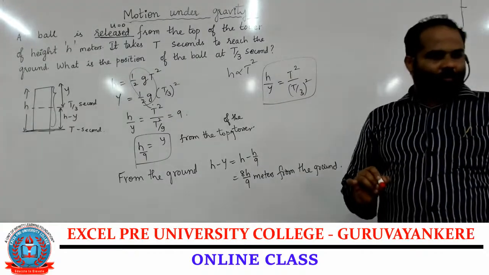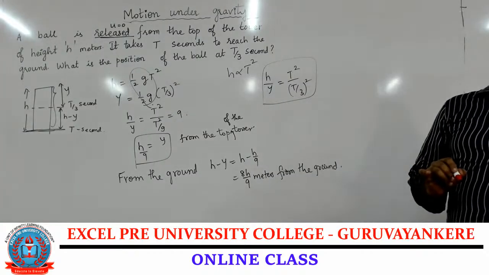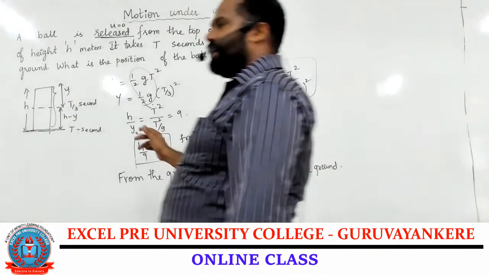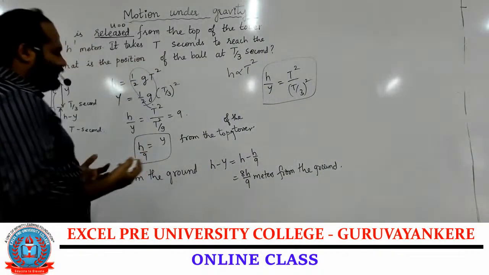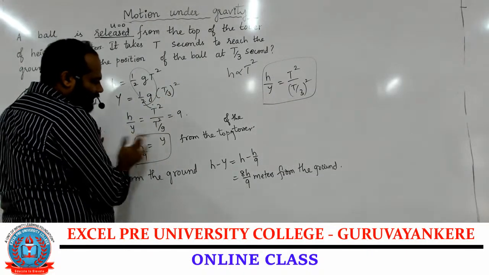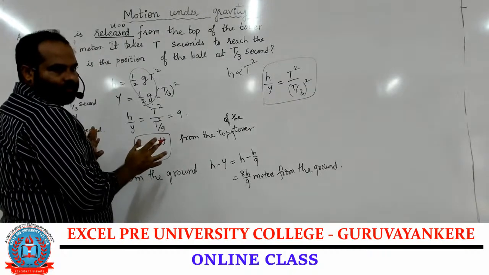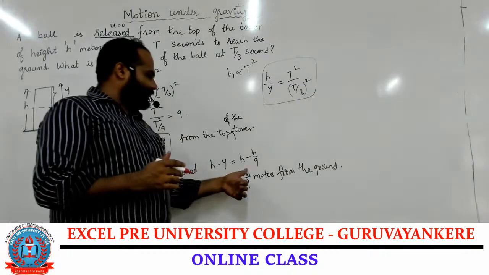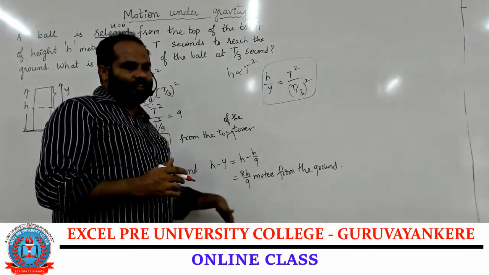How h by y came, I have to do it. There is no other go. I have to take the ratio somehow to find the answer. Options would be given to me in terms of 8h by 9, 7h by 9, like that.